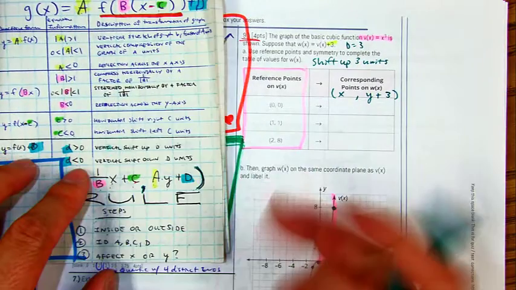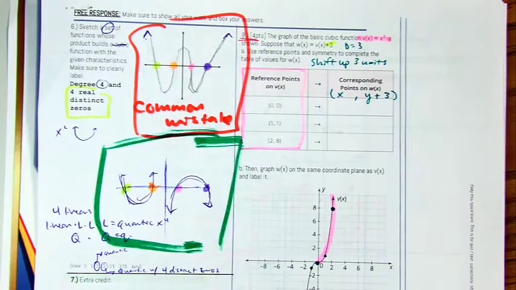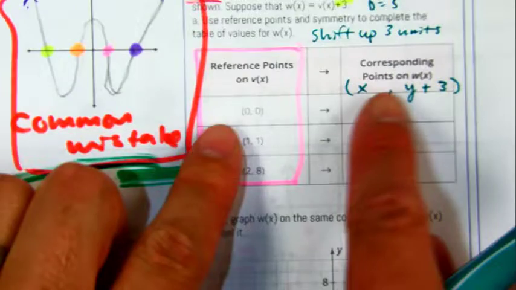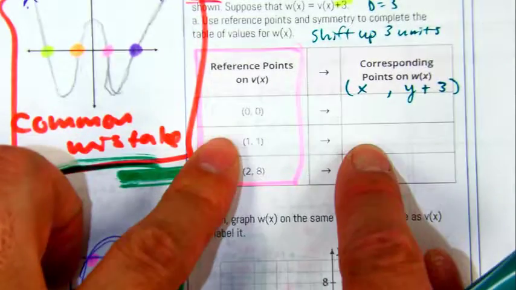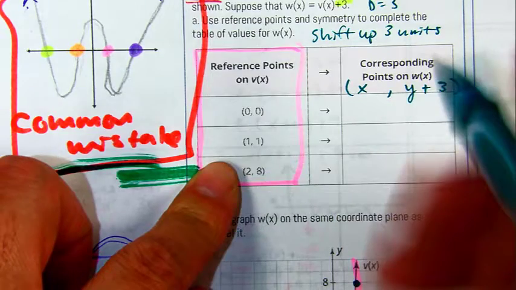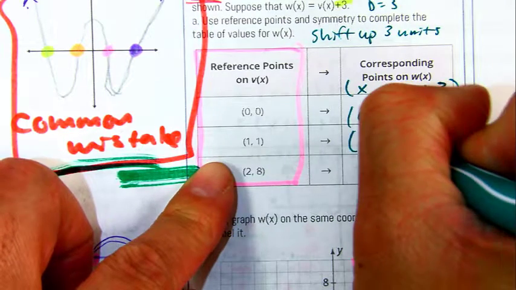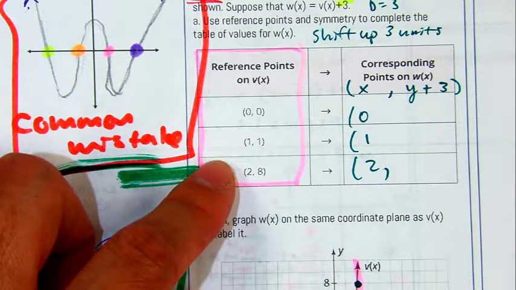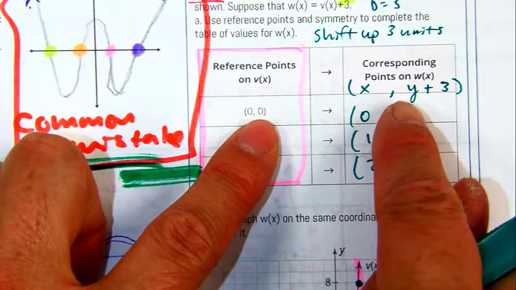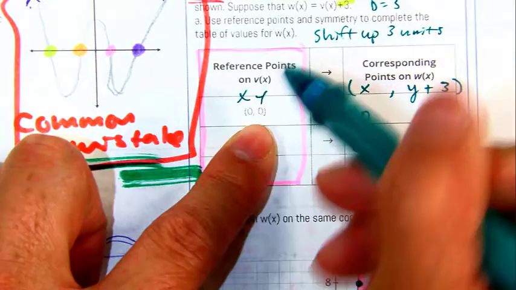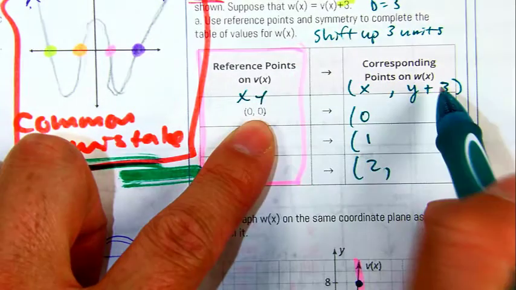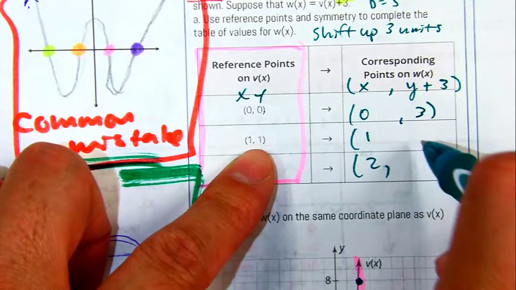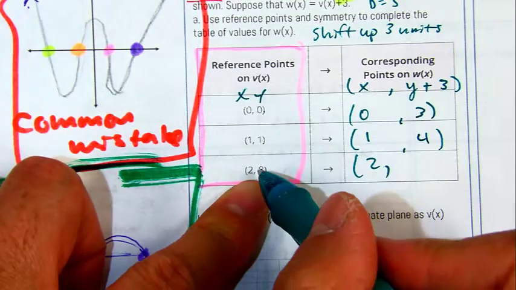So you're going to basically take the original coordinates, and all of the x coordinates are going to be exactly the same: 0, 1, 2. And now I'm going to take the y coordinates and add 3. So my y coordinate is 0. 0 plus 3 is 3. 1 plus 3 is 4. 8 plus 3 is 11.